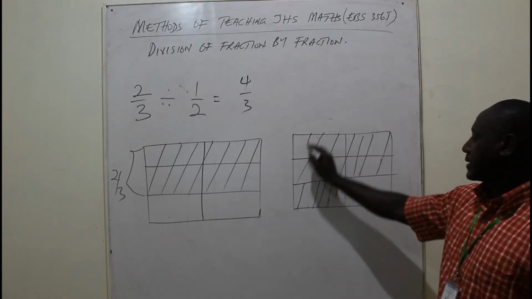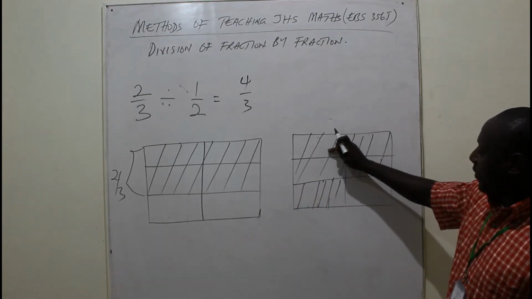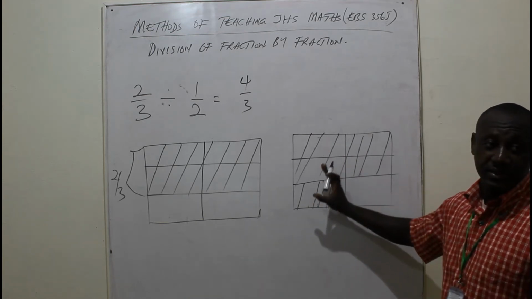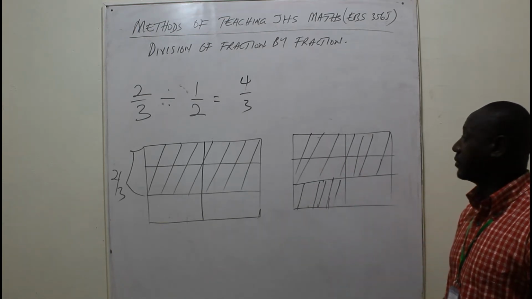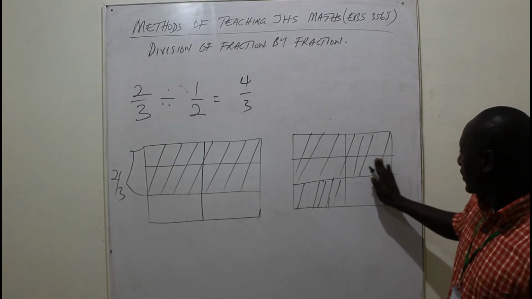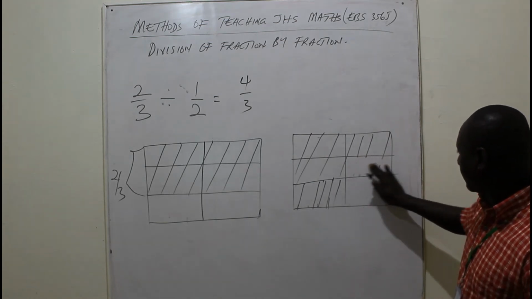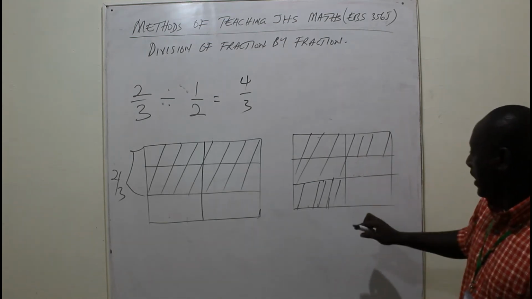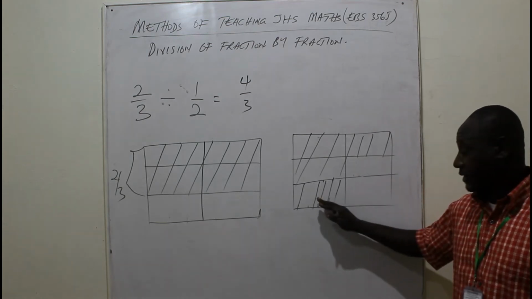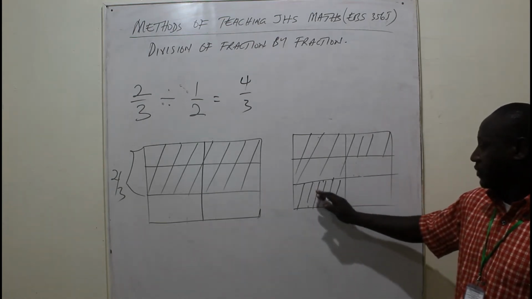You will notice that we are having one of the halves being filled to a whole. Okay, so this one is no more there. I have brought what I have here to this part.